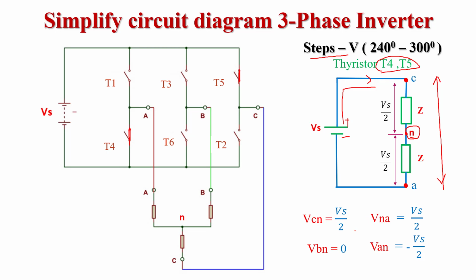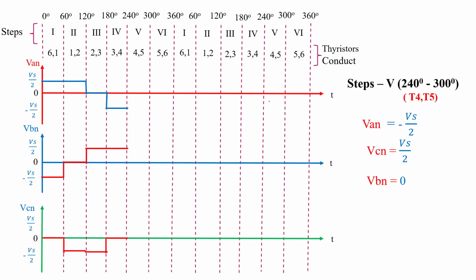So this time VCN equals Vs by 2, VNA equals Vs by 2. But if we want VAN, that is minus Vs by 2. This time VBN equals 0 because here we see phase B thyristors T3 and T6 are not conducting in step 5. Now we draw the waveform for step 5.